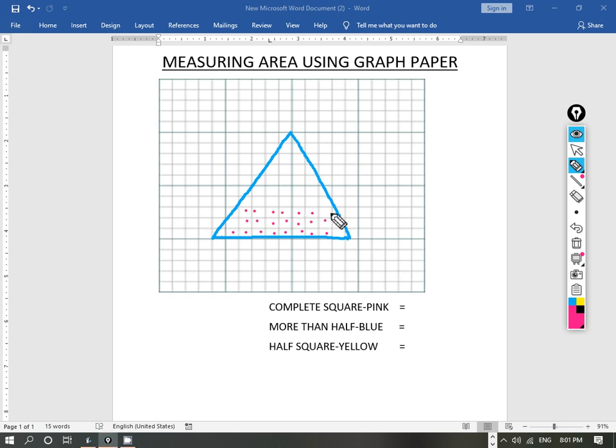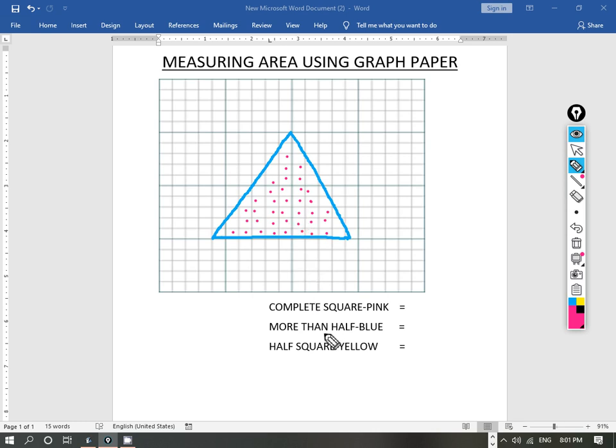Many squares are completely covered, so I'm putting a dot over there. So these are the squares which are completely covered.